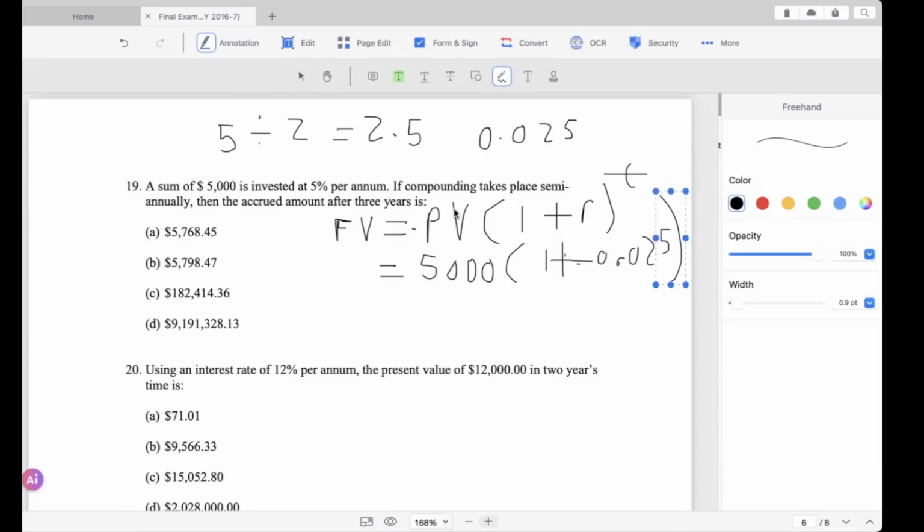And then for t, because it's compounded, we have to say 3 years times 2, so that's 6. And now this you can enter in your calculator. It's 5,000 open bracket 1 plus 0.025 close bracket raised to the 6. And my answer is 5,798.47.